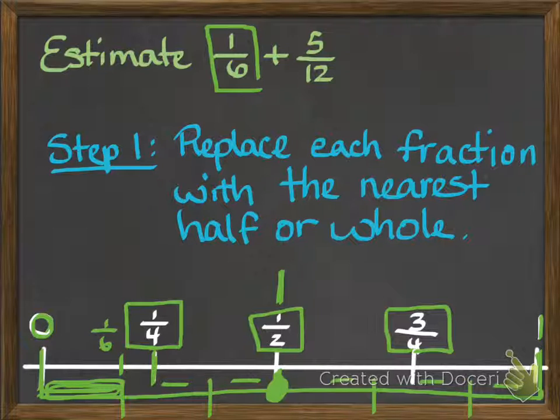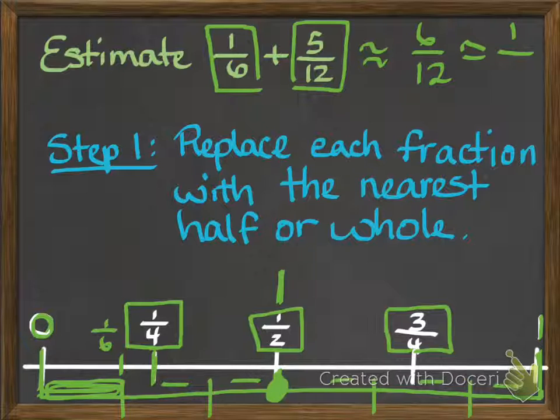It is less than 1/4. In fact, it is closer to 0 than it is to a half, or to 3/4, or to 1. It's close to 1/4, and also close to 0. Now, how about 5/12? Well, I know that 6/12 is close to 5/12. If I had 6/12, that's the same as half, right?